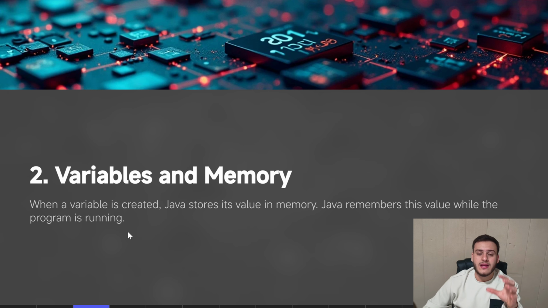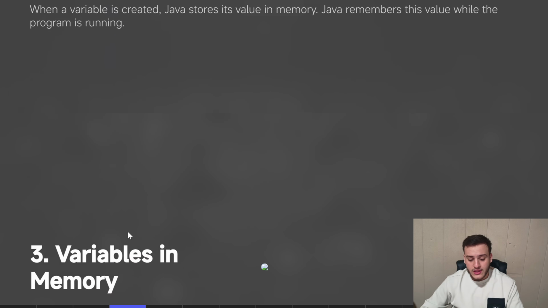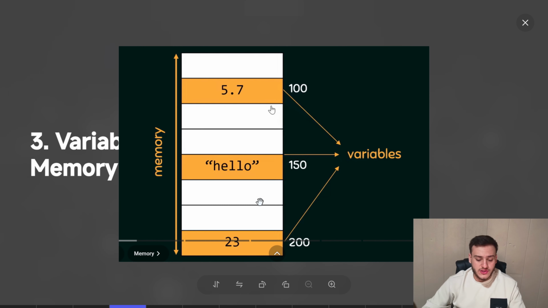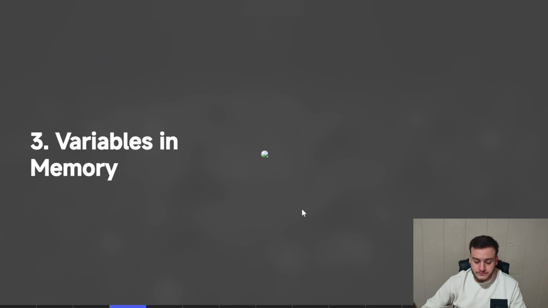So the variable is stored in our memory. To simplify things, I prepared this picture. This is our memory. It has empty places and filled places. If you look at these three filled places, they are filled with our variables. Okay, so our variables are stored in the memory in some places.